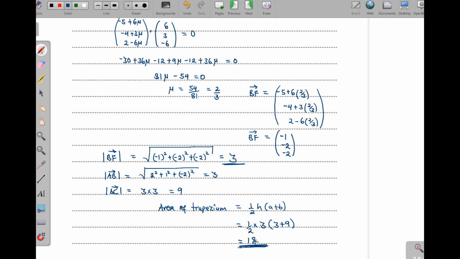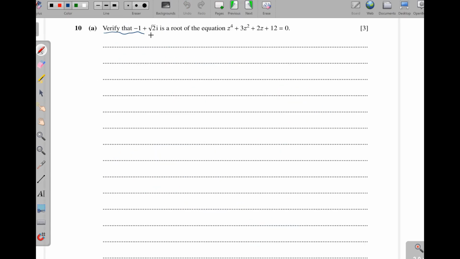And that is that. But verify that -1 plus root of 2i is a root of this equation. So we are seeing there is a square. So I'll get -1 plus root of 2i squared here. I will square the -1, that will be a 1. Then 2 times this times that will be -2 root 2 i.